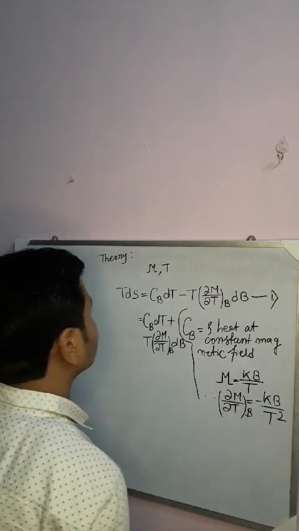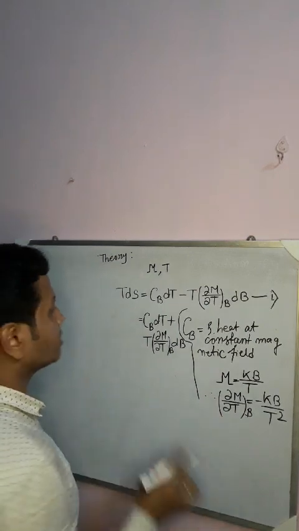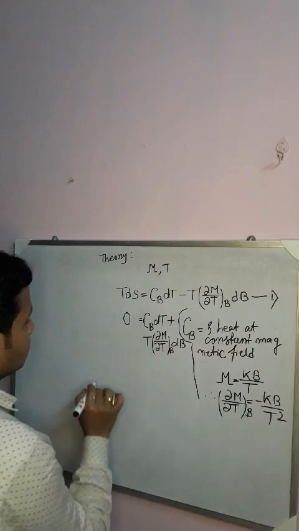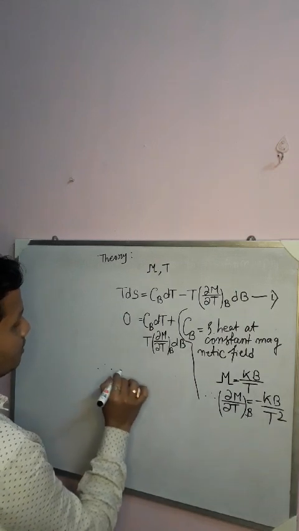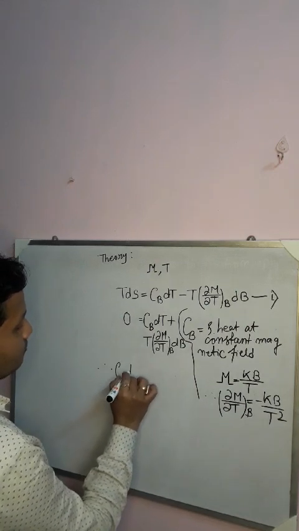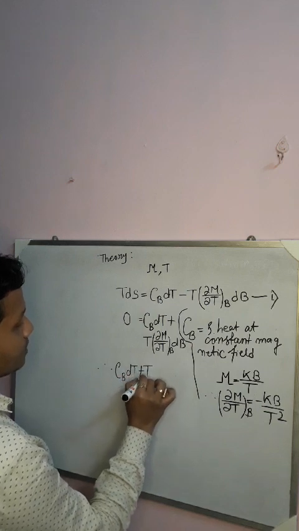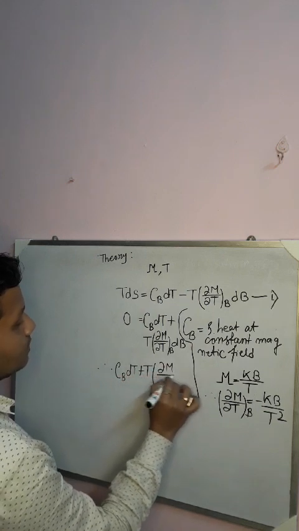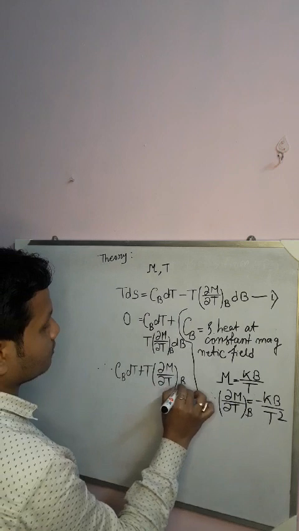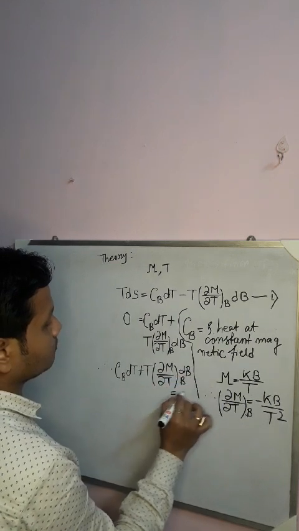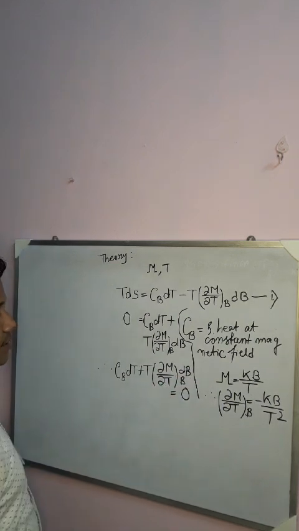And since the process is adiabatic, entropy remains constant, so dS is 0. So the ultimate equation becomes C_B dT plus T (del M/del T) at constant B dB equals 0.